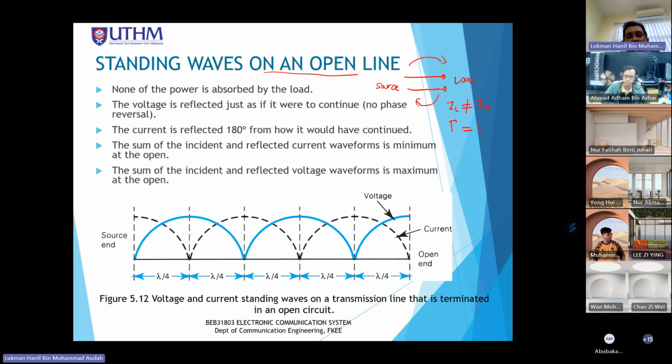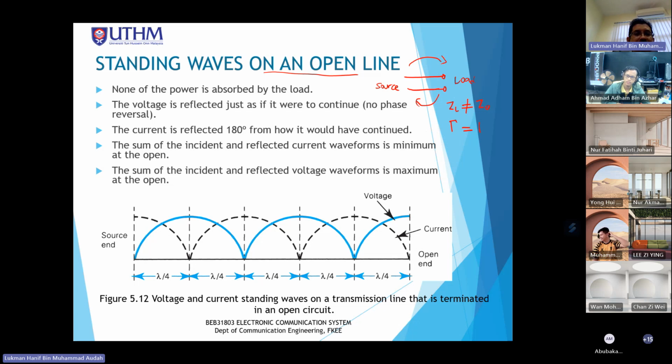So we want to see how the voltage and current behave in the open line. Standing wave we can see from the perspective of voltage and also from the perspective of current. So now we're going to see both of it.